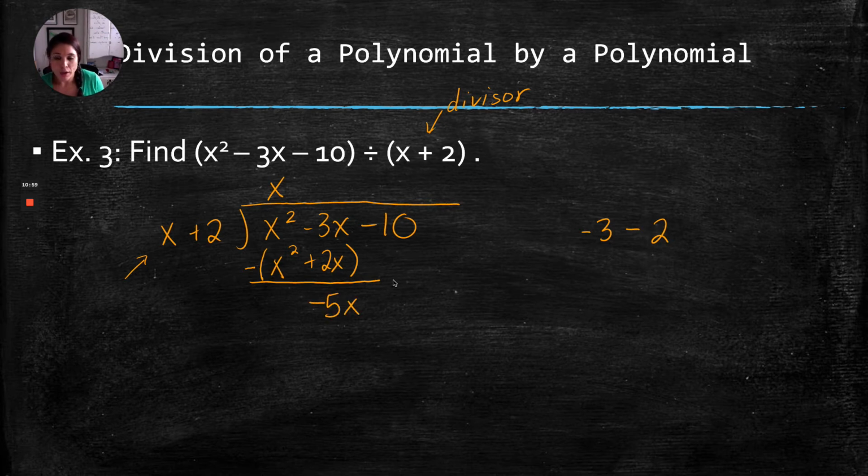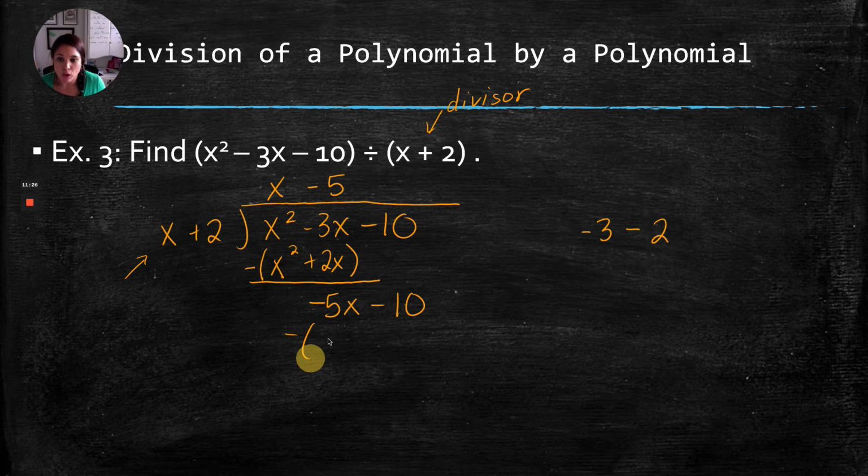And just like in regular division, you're going to bring this next term down. And now we're ready to start our division again. So now we need to think, how many times does x go into negative 5x? x goes into negative 5x negative 5 times, because negative 5 times x is negative 5x. Remember, we're going to subtract.